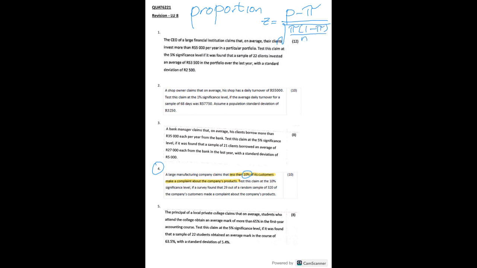So here, your null hypothesis and your alternate, they're saying to you the claim is that less than 10% of customers. So less than 10% literally has the less than sign, less than 10. But this does not have the equality sign attached to it. So this cannot go into the null. It must go into the alternate.